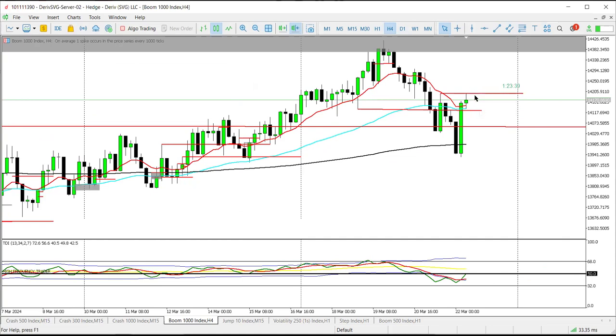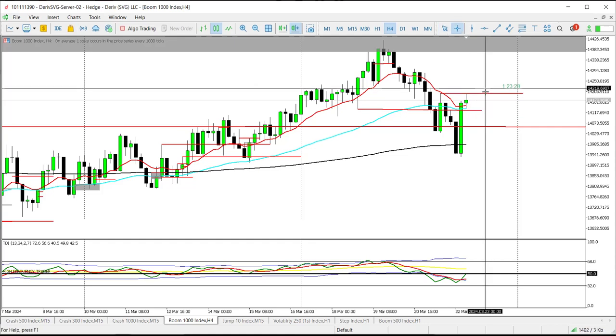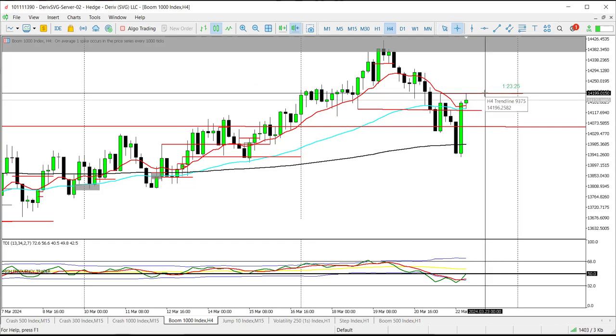So we are hot on B1000. If anybody hasn't traded today, we are hot on B1000 for a potential buy at the break of 14,200. Let me just update that in the group quickly.